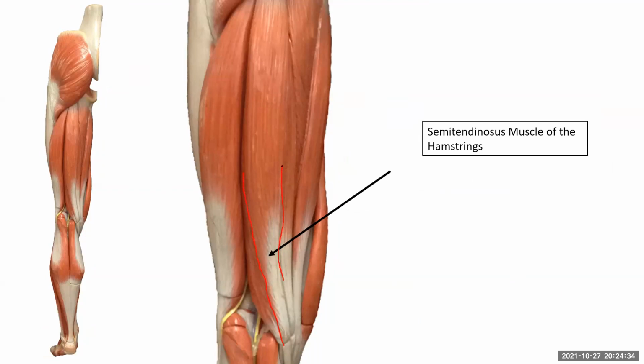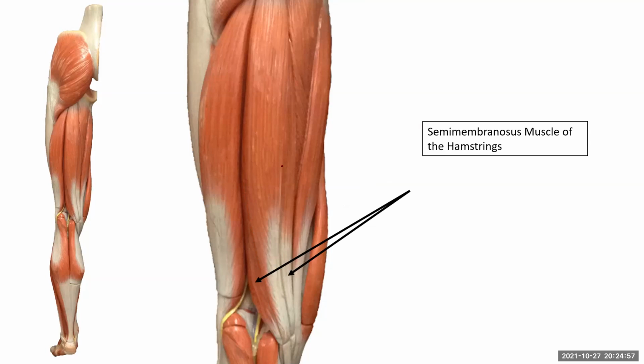Now we're just using one arrow to identify that. All right, the muscle that is lying underneath there, distally on the knee, that's the semimembranosus muscle. So you can see we're using 2 arrows to identify the semimembranosus muscle.